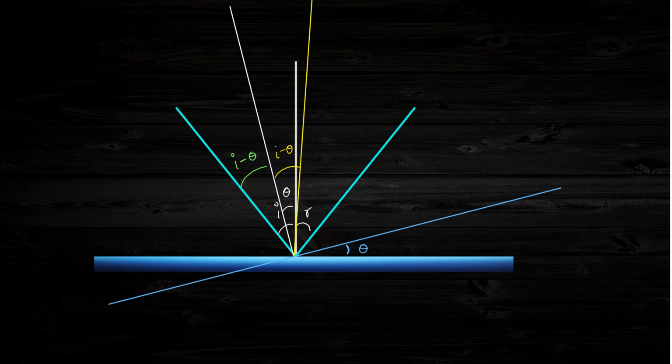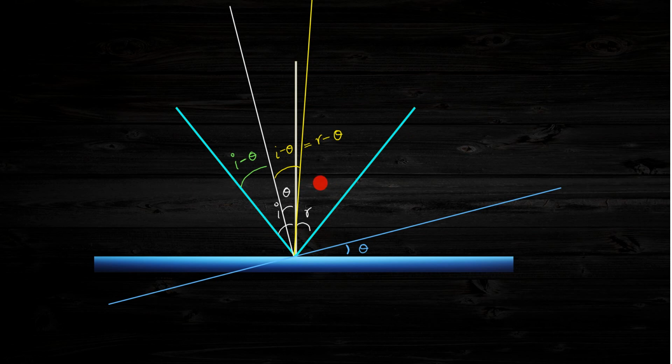But since I is equal to R, this angle of reflection can also be written as R minus theta. So we can see from this diagram that this was the original normal, this is the new normal, this was the original reflected ray, and this is the new reflected ray.